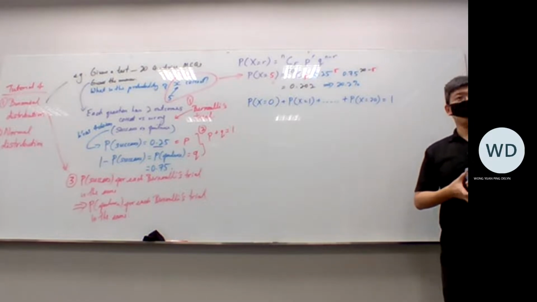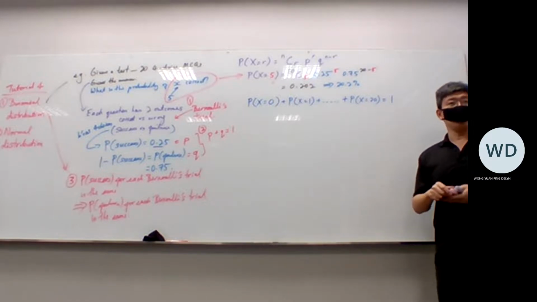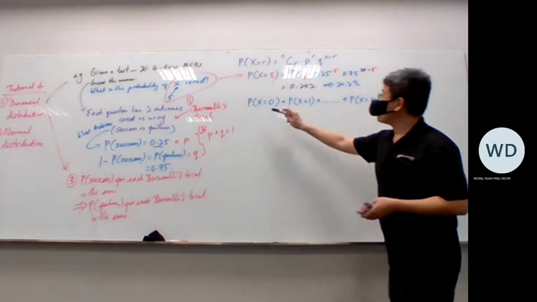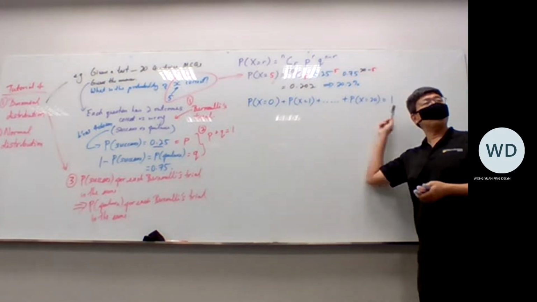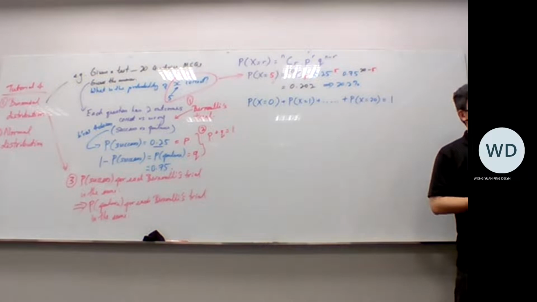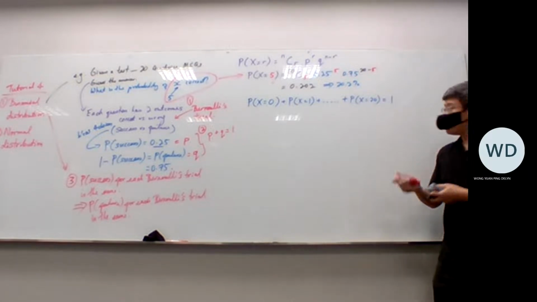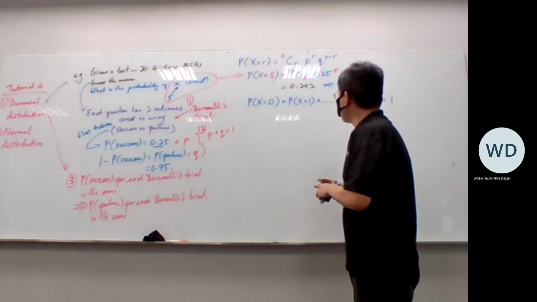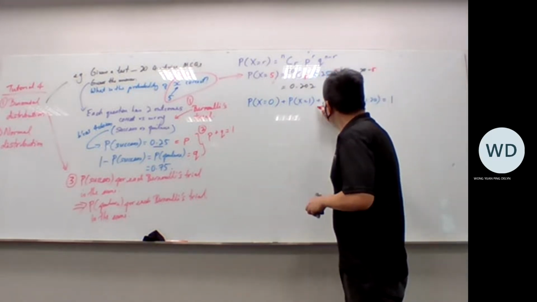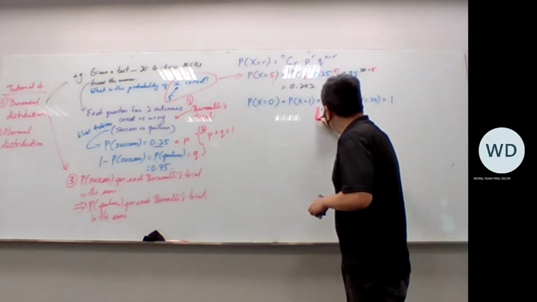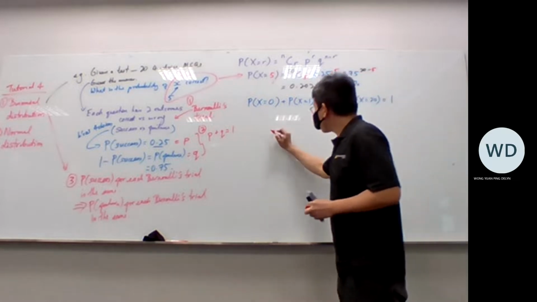Okay. So you can calculate that out yourself. What's the probability of getting 0 correct, probability of getting 1 correct, all the way to 20? So based on this concept, you end up with a few different things.